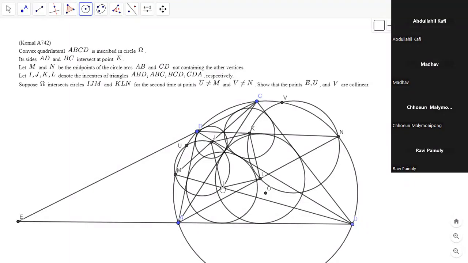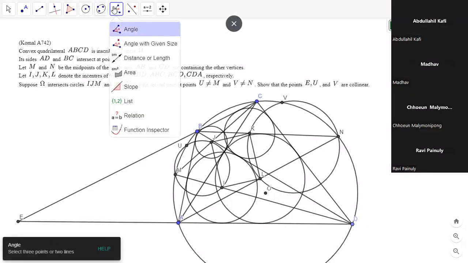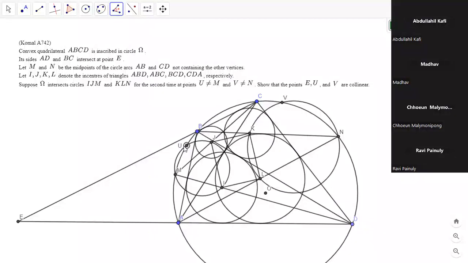So UJI and UCB are similar, right? I'm just going to check that, but pretty sure that's true.